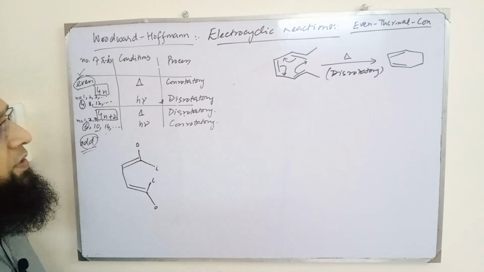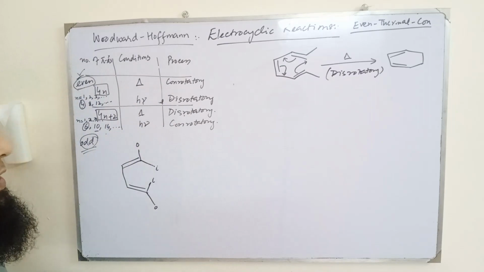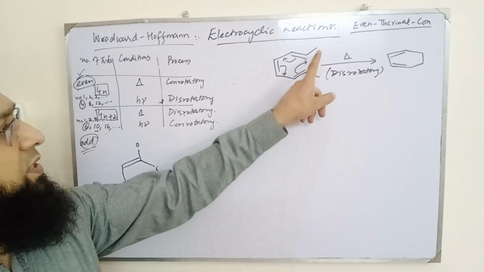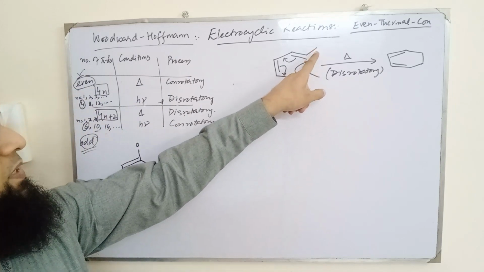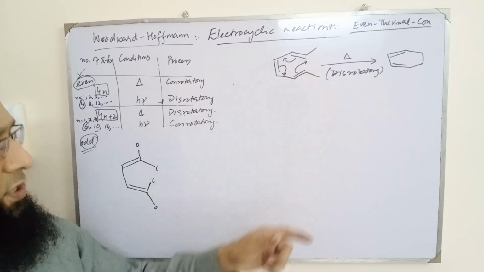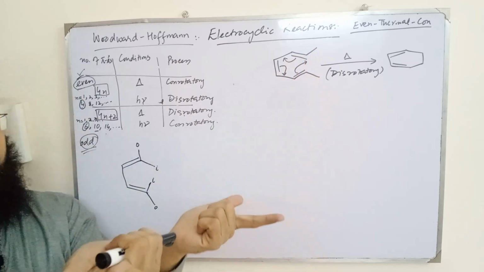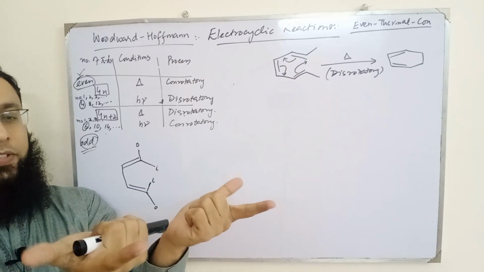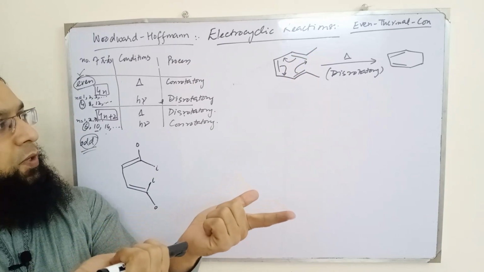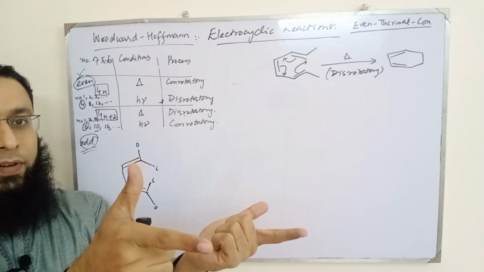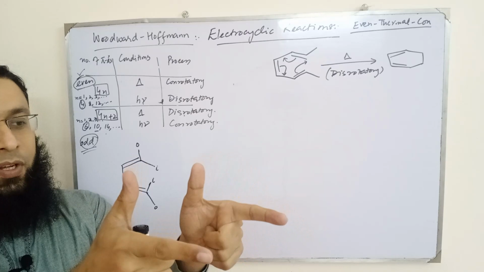Okay, and now we see what would be the stereochemistry of the methyl groups, and we can see both of the methyl groups in the triene are pointing outwards, so it means both are like this, both are pointing towards the outer side, and the process is disrotatory, so one would come counterclockwise and the other would come clockwise.